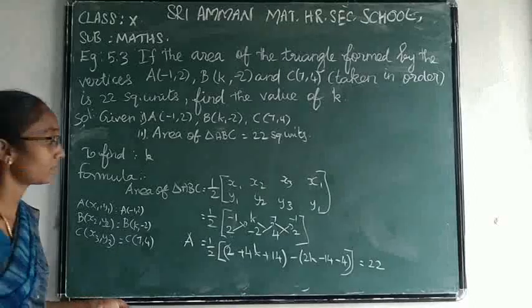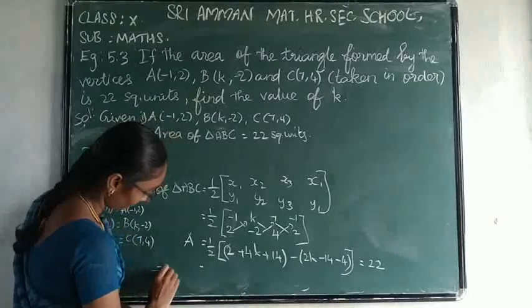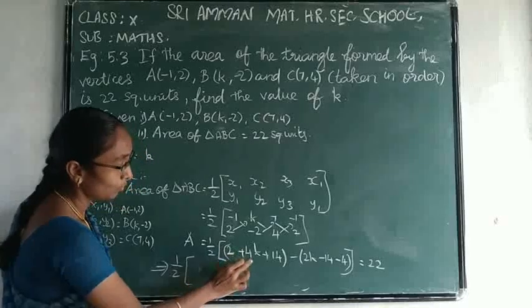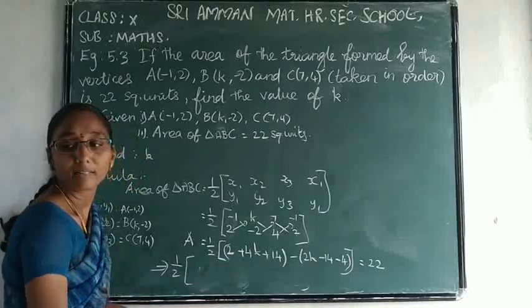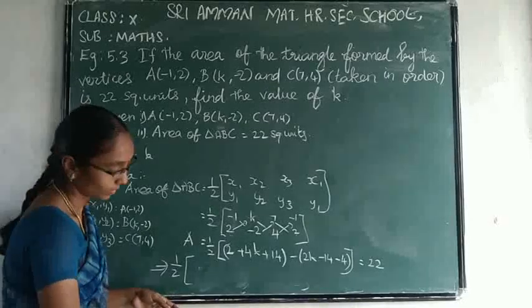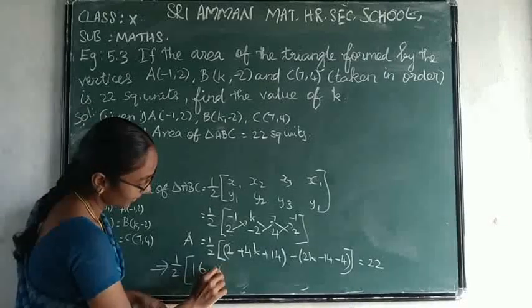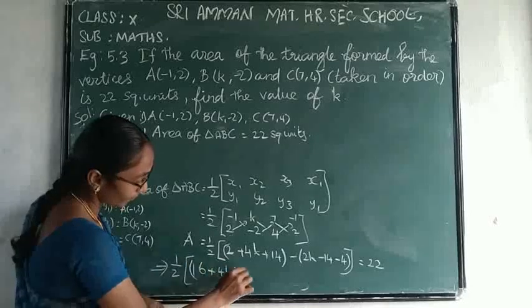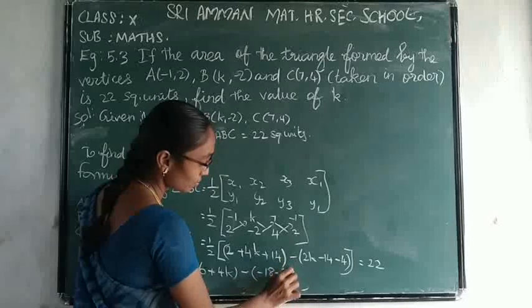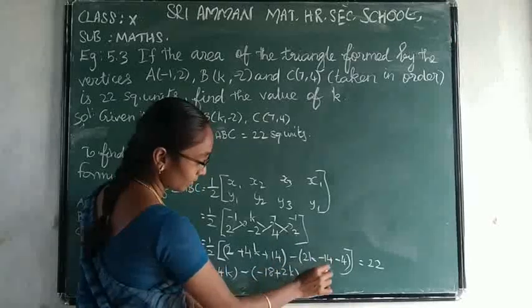Okay, and then half into 2 plus 14, 16. 16 plus 4k minus 18 minus 2k.